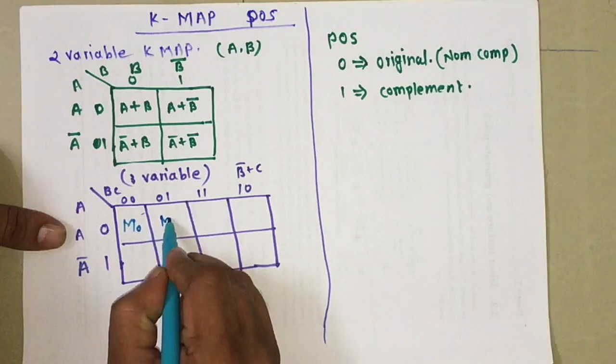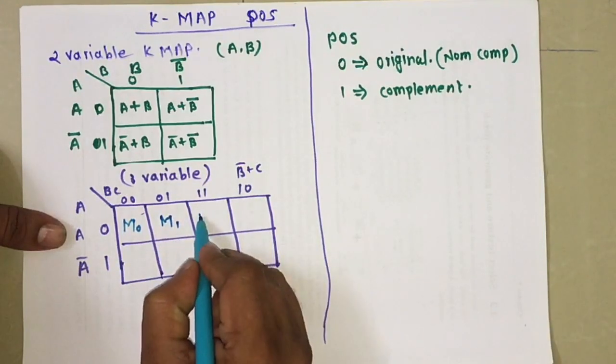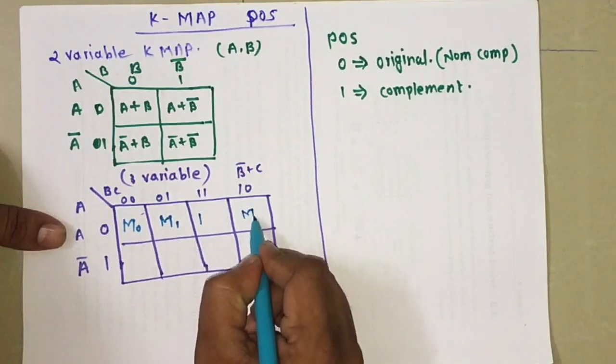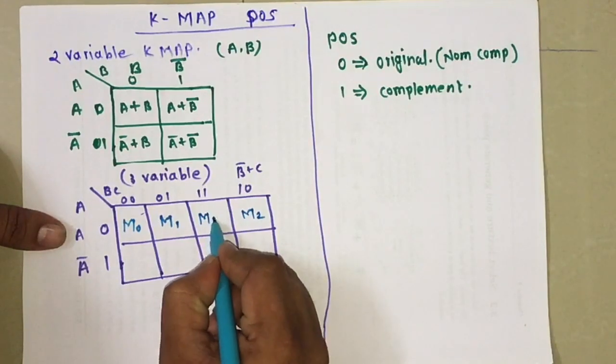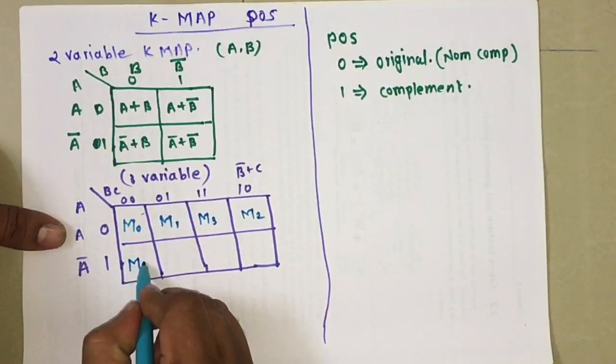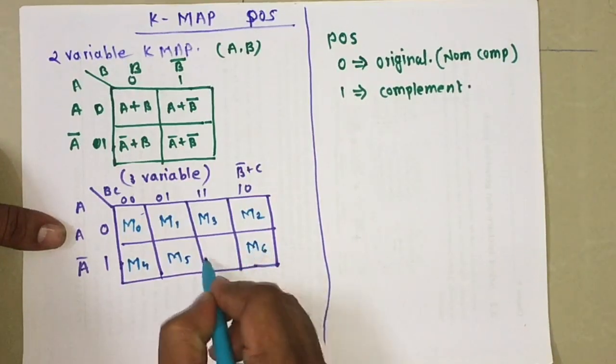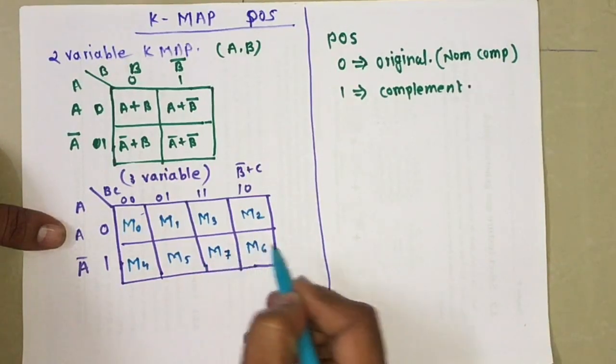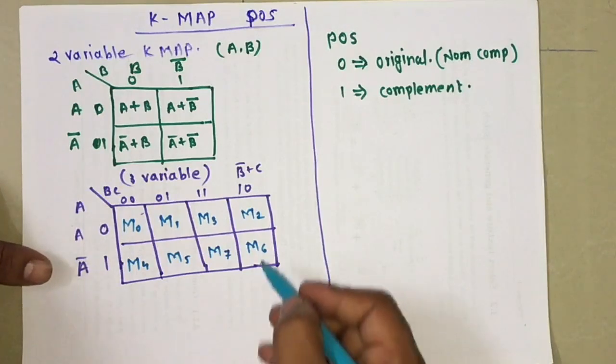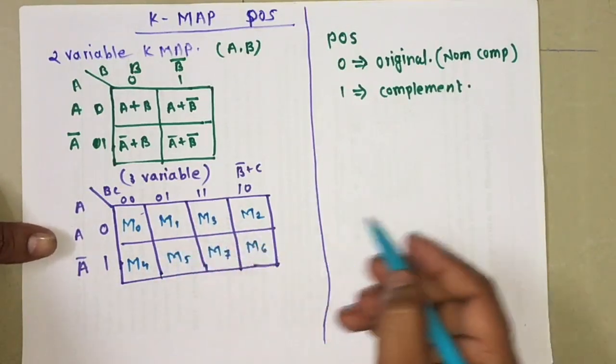M0, M1, M2, M3, M4, M5, M6, M7, like this. Let us cross check whether it is correct or not.